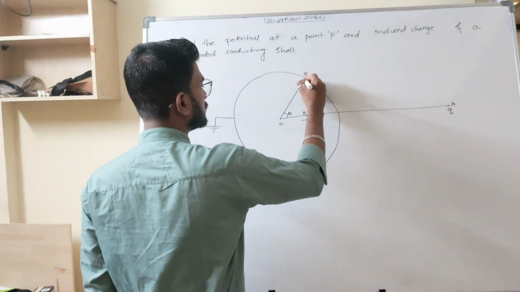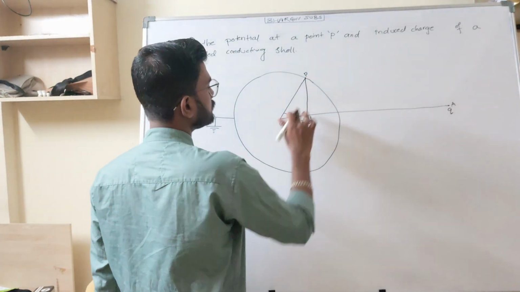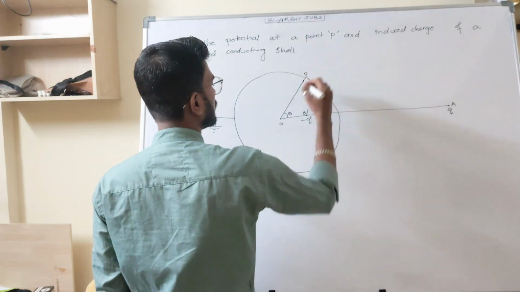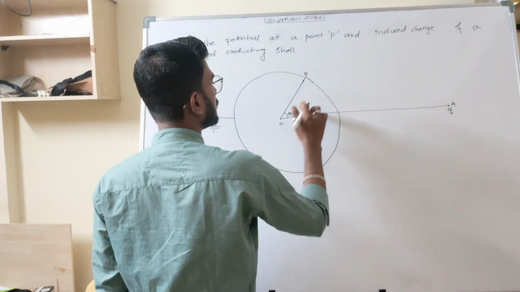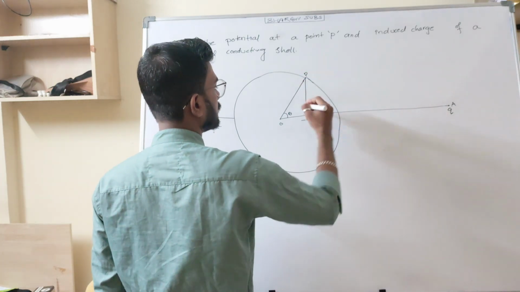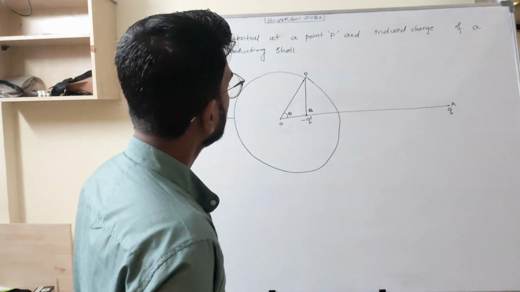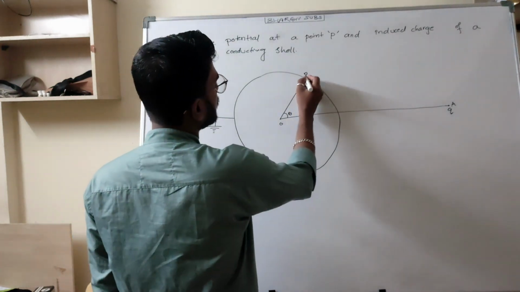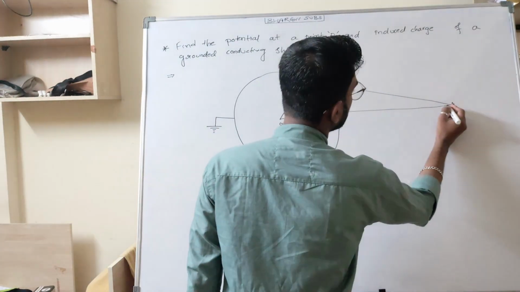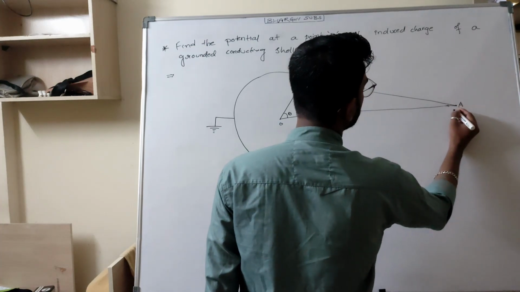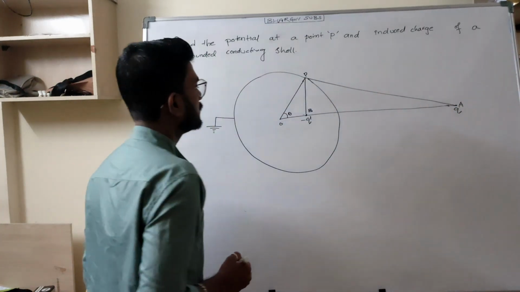I am joining the point B and point P. Again I want to join AP. So this was A, this was Q charge.